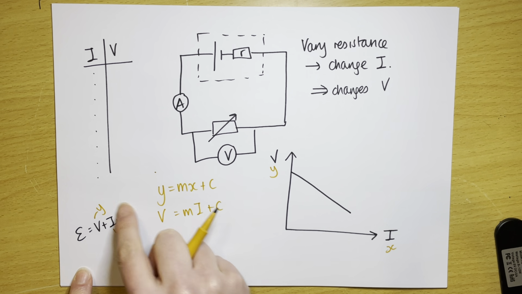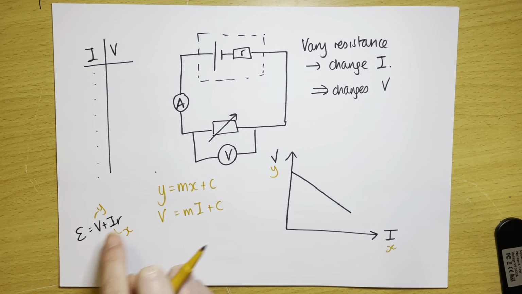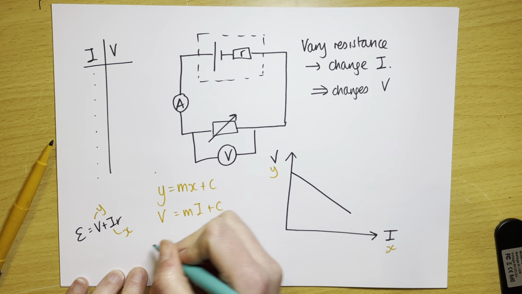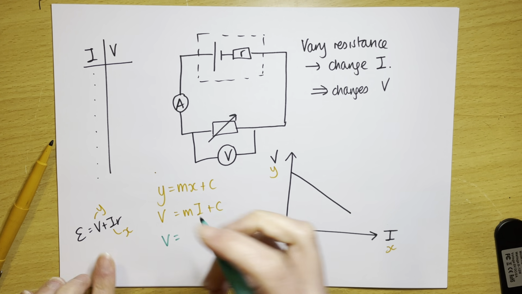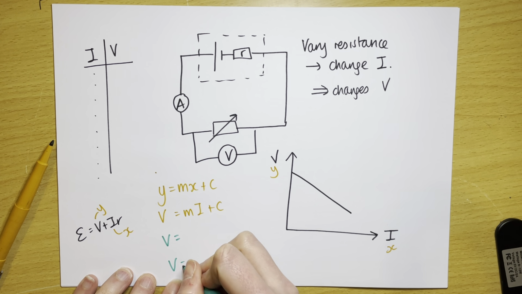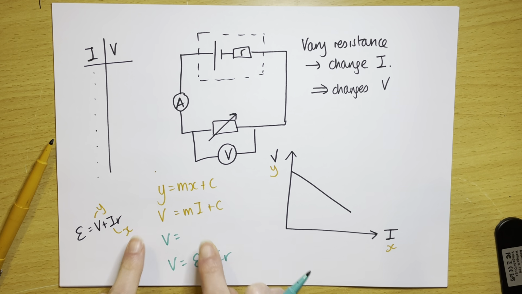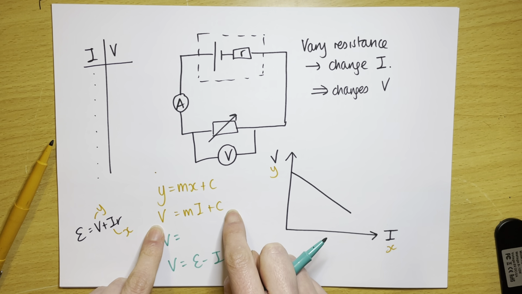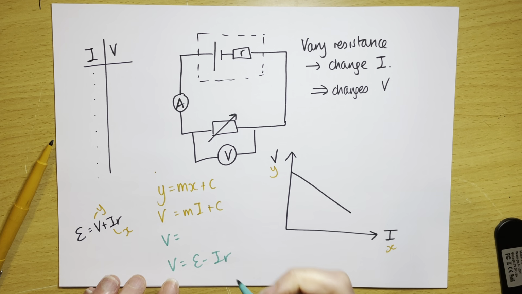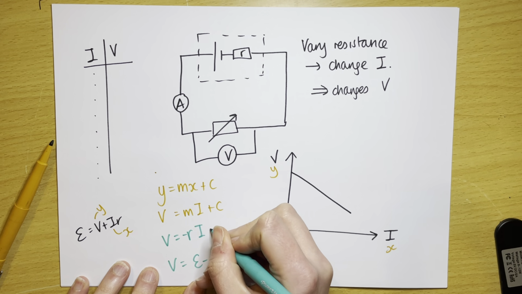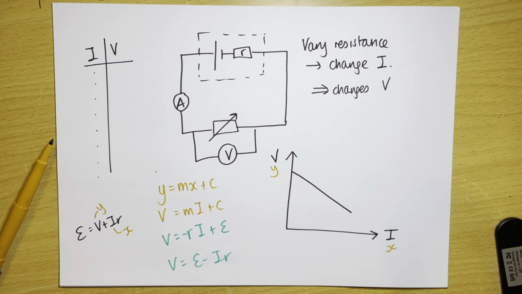I want to get this equation into this format, and to do that I need to move Ir over. So V equals E minus Ir, but this isn't quite in the format of V equals mI plus c. So I'm going to rearrange it and write V equals minus r times I plus E. It's the same equation, I've just got it into the format V equals mI plus c.